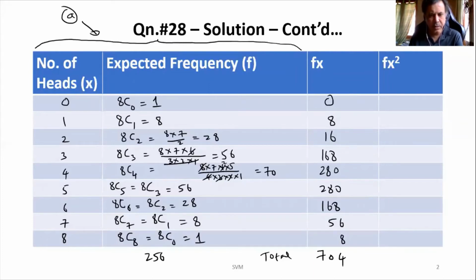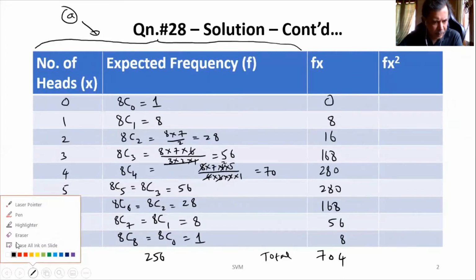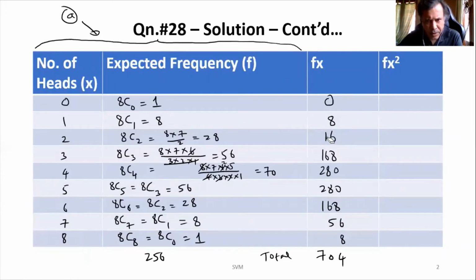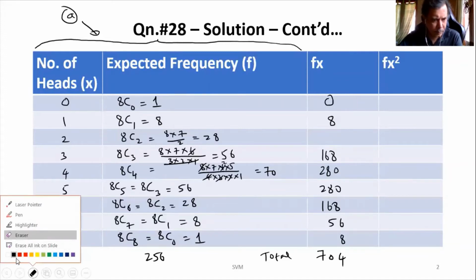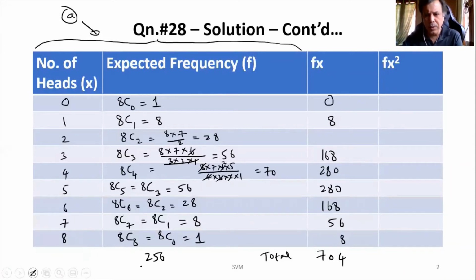There is something wrong. Here I made a mistake. I'm sorry. This is not 16, it is 56. 28 into 2, it should work out to 56.